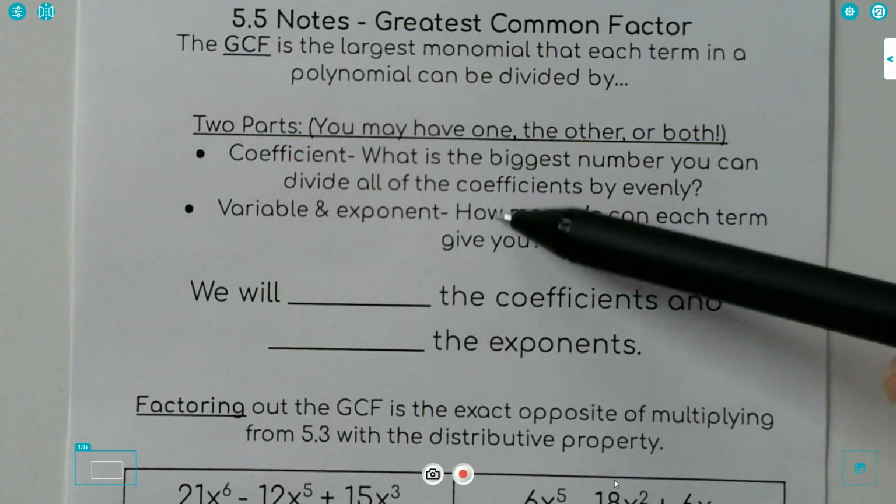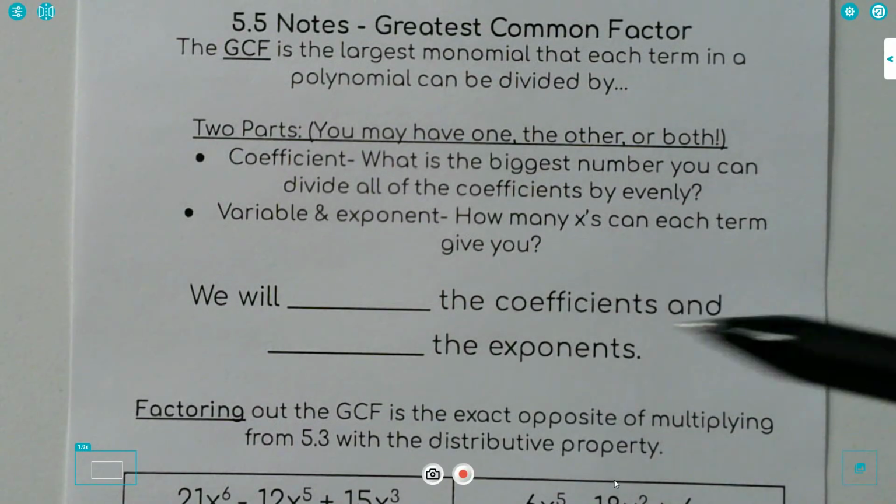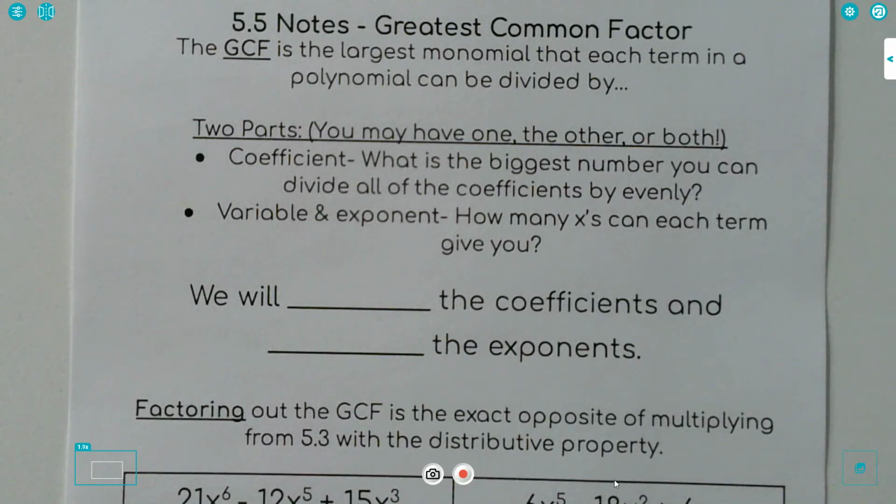And that is going to be how many x's each term can give you. You can only take out as many x's as the term with the least number of x's. Because we're in standard form, that'll always be the last term. So however many x's the last term has will be how many x's you can pull out.